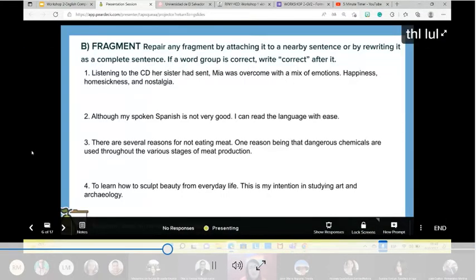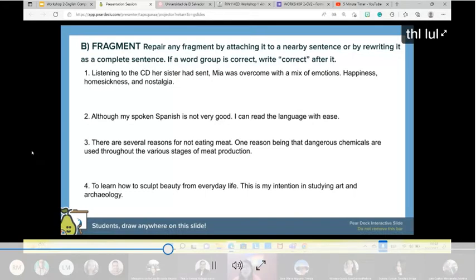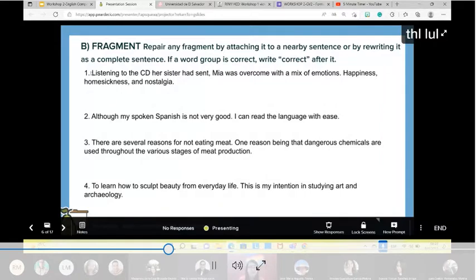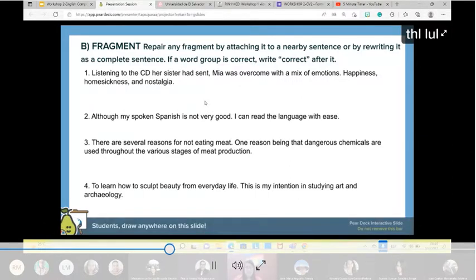Thank you. So let's see, fragments. In here, we are going to repair any fragment by attaching it to a nearby sentence or by rewriting it as a complete sentence. If a group of words is correct, write correct after it. So there you have.